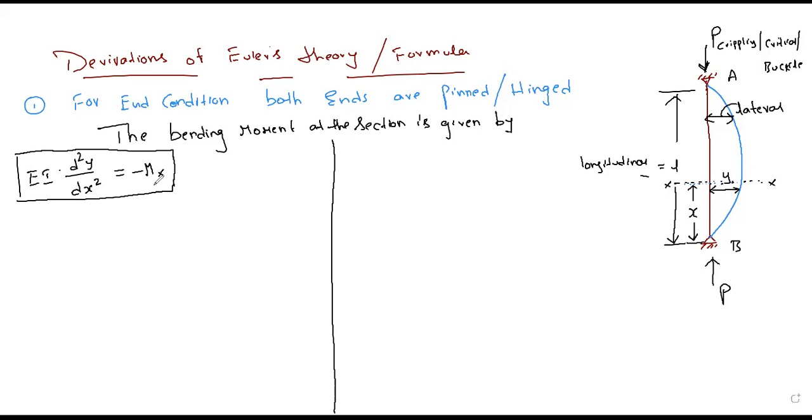What is Mx? Mx means moment, right. Here, what is the moment? This is the load into distance, isn't it? Because here the load is acting axially. In strength of materials you might have studied load which is perpendicular to the longitudinal axis, but here the load is acting axially.